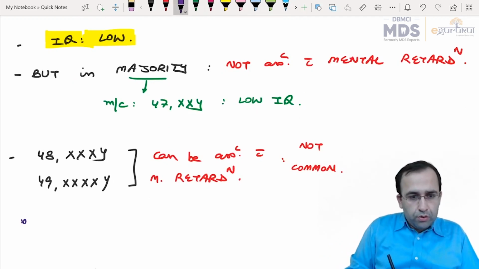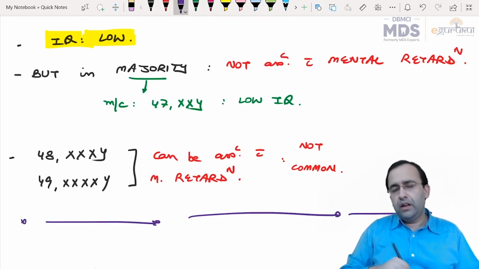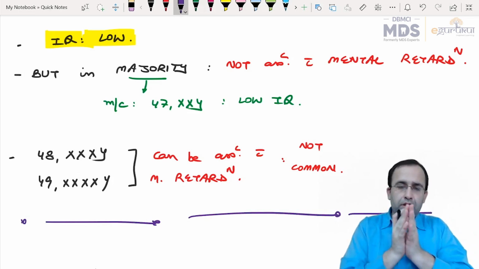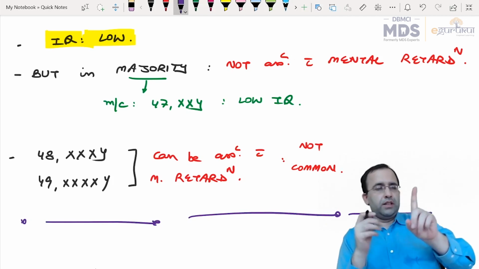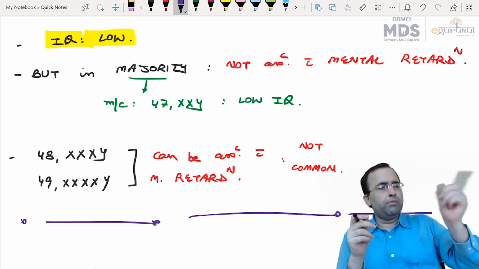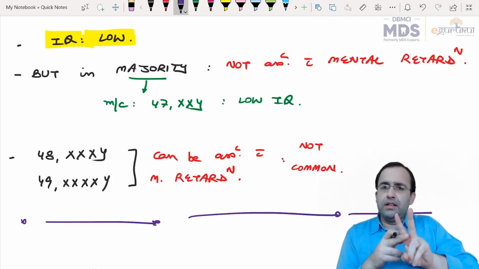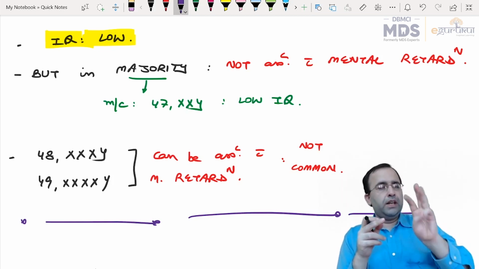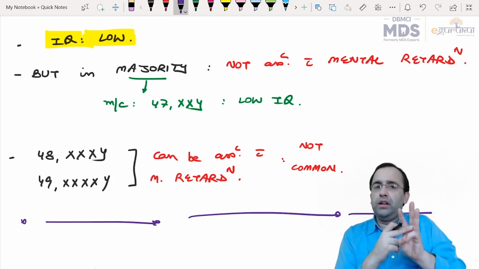Done. This finishes chromosomal abnormalities in number of chromosomes. So what did we do in our first session of genetics? We started with point mutations. We divided genetic diseases into three categories: Mendelian inheritance, non-Mendelian, and chromosomal abnormalities.